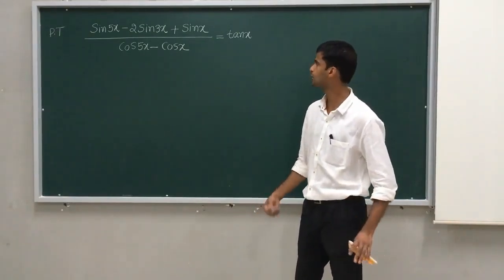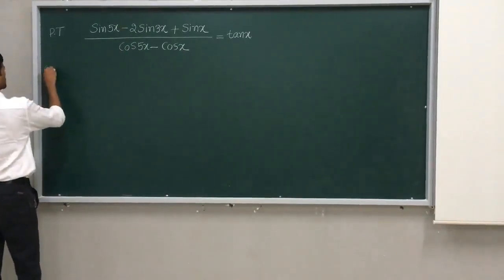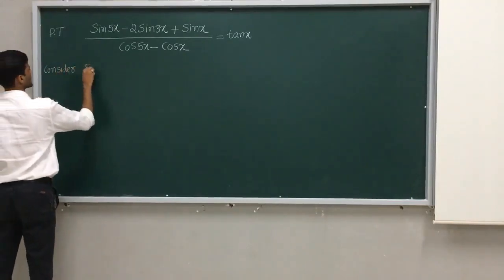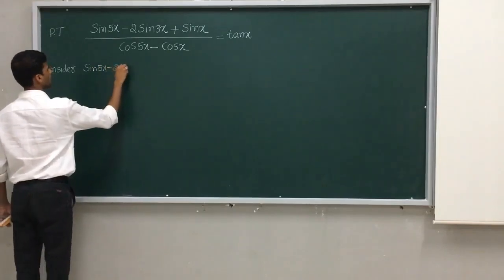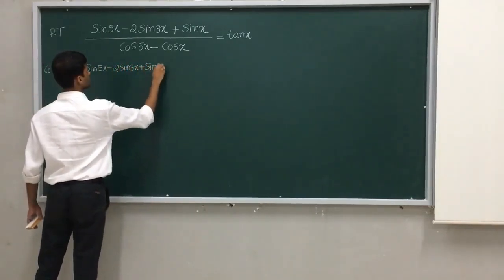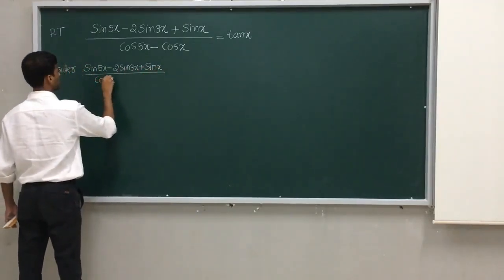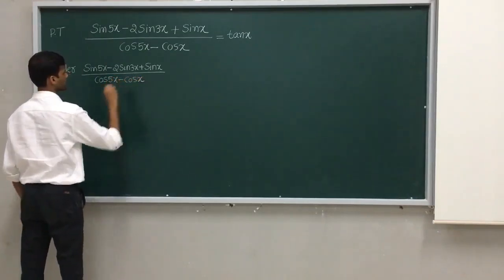I will consider first the left hand side, that is (sin 5x minus 2 sin 3x plus sin x) divided by (cos 5x minus cos x).